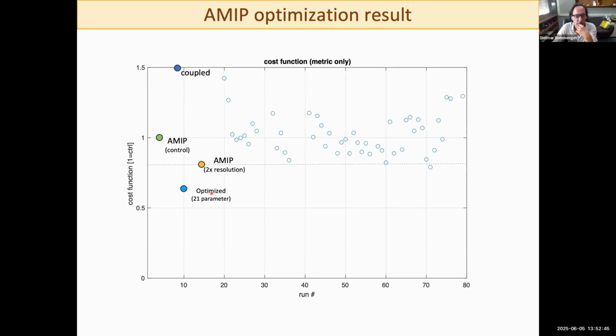If we double the resolution in the AMAP, you get to this point here. So increasing the resolution also obviously makes the model better, but actually the optimization in this case could improve the model more than just doubling the resolution in the atmosphere.